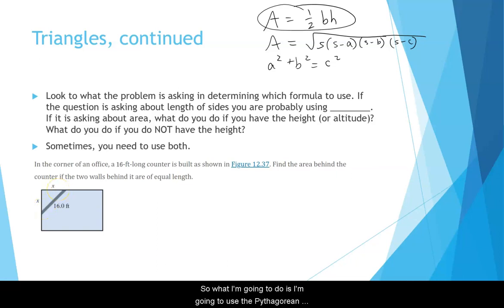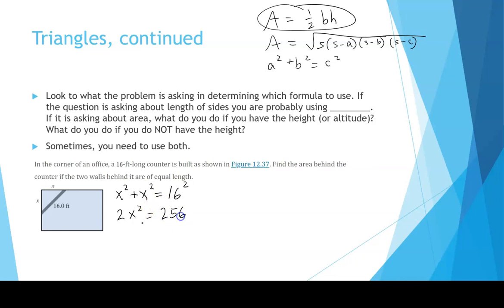So what I'm going to do is use the Pythagorean theorem dealing with side lengths to find the value of x. So one side length squared plus the other side length squared equals 16 squared. This means 2x squared equals 256. Divide both sides by 2. X squared equals 128. The square root of 128.